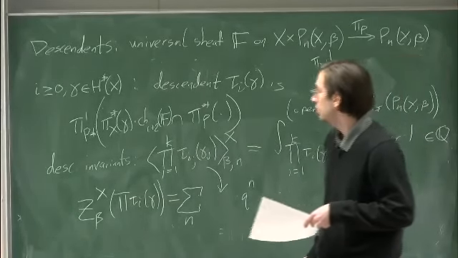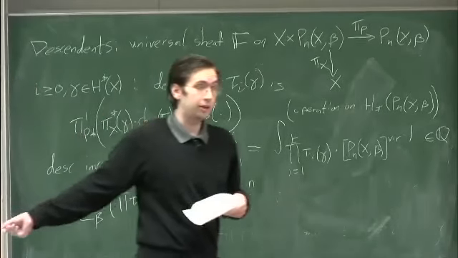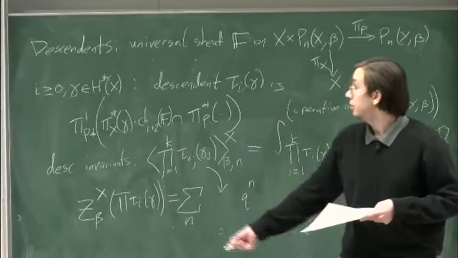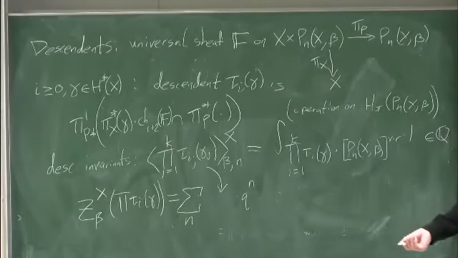So the definition here makes sense for n being any integer, but in fact it's easy to see that if n is sufficiently negative, then this moduli space P_n(X, beta) will always just be empty.